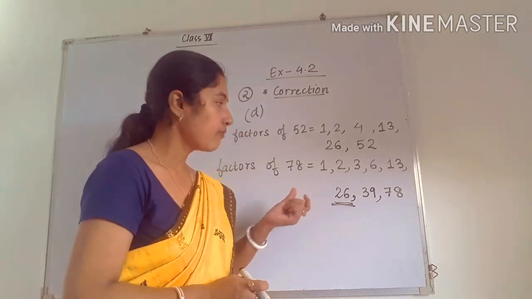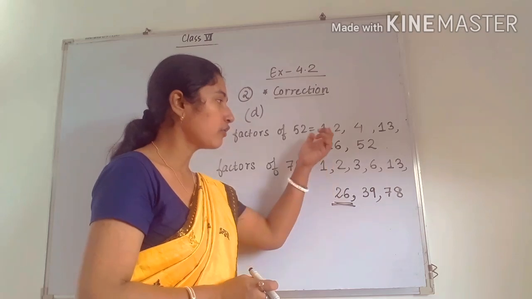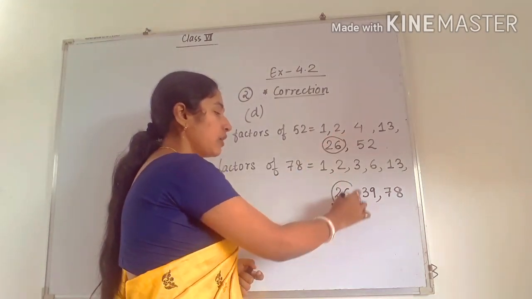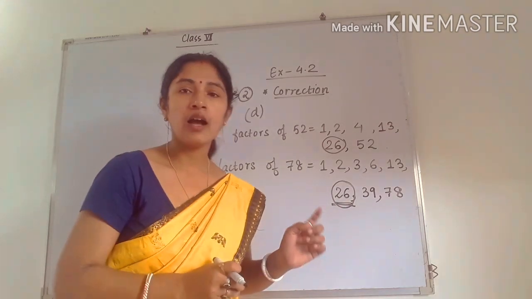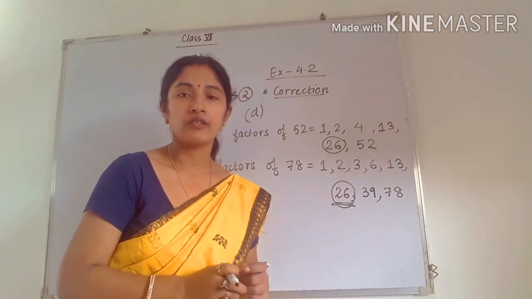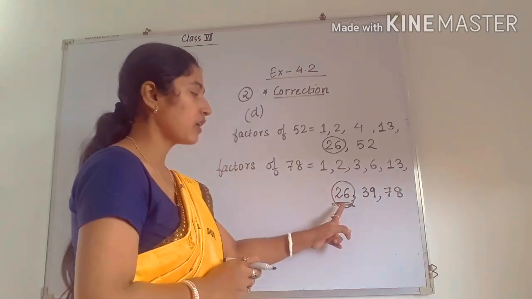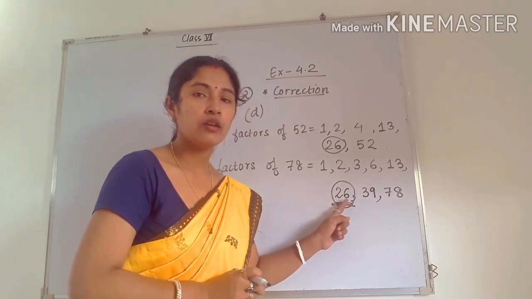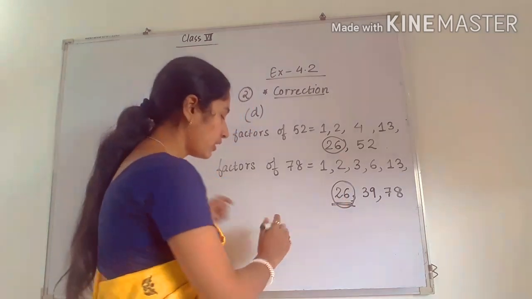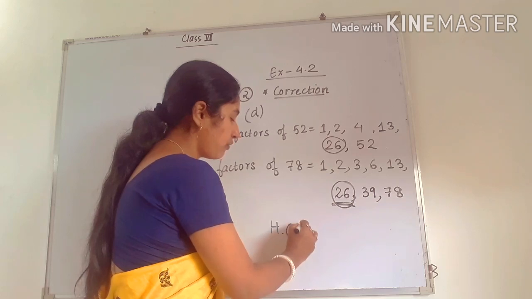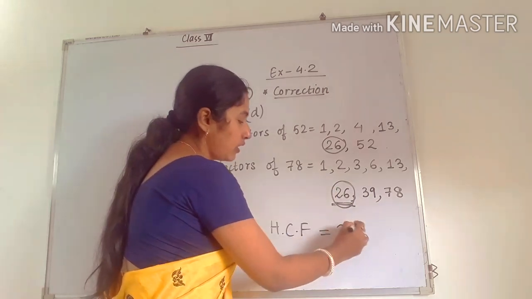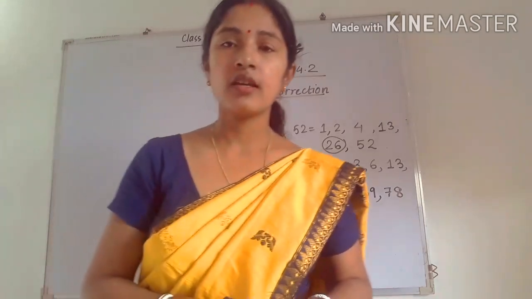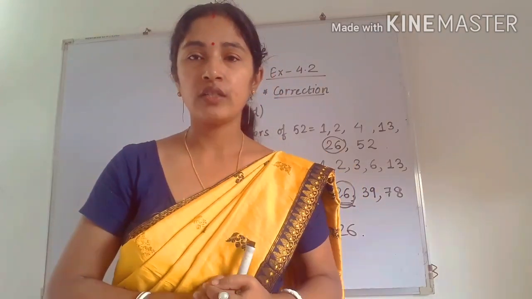The highest common factor for these two numbers will be 26, because this is common in both the numbers and it is the highest in both the factors. Finally you have to write HCF of these two numbers is equal to 26.